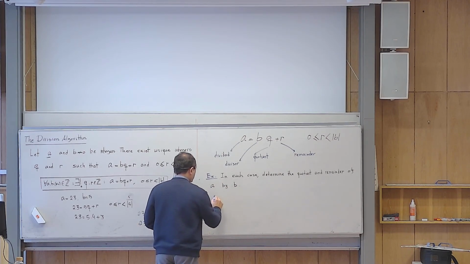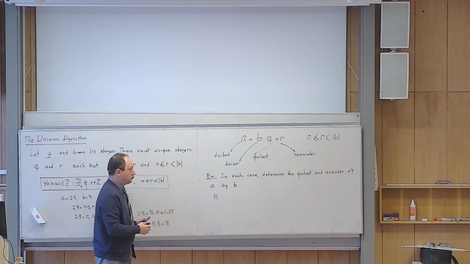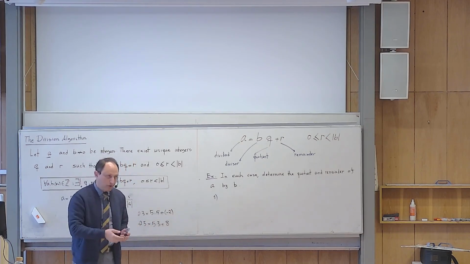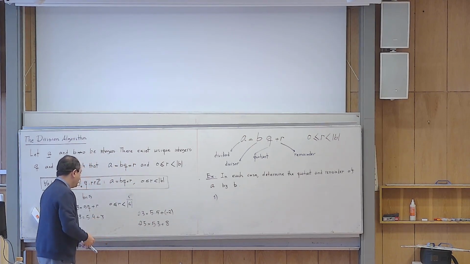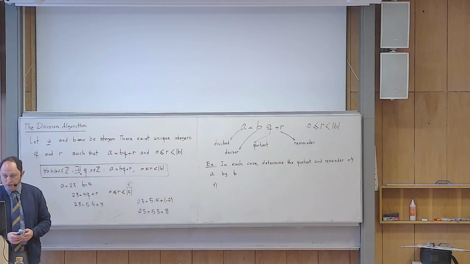I don't want to wait for you to solve it for me, okay? So in each case, I give you two numbers, one for A, one for B. In each case, I want you to determine the quotient and the remainder if you divide A by B. It's just a very simple calculation. I want to make sure that you understand and respect the conditions here.